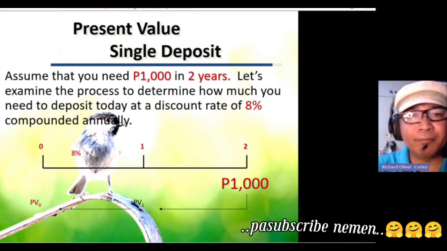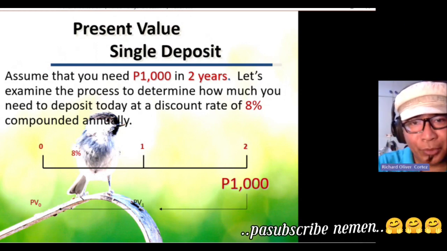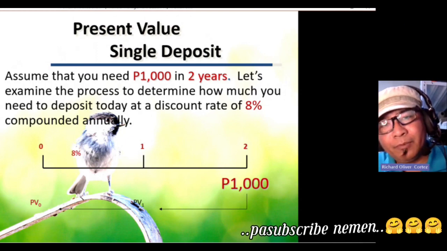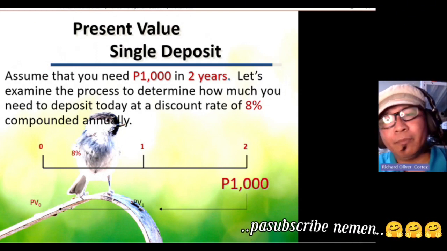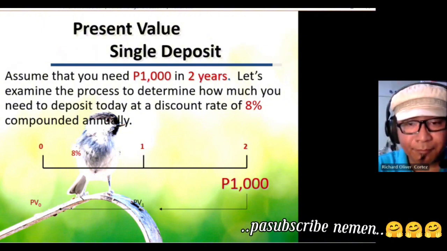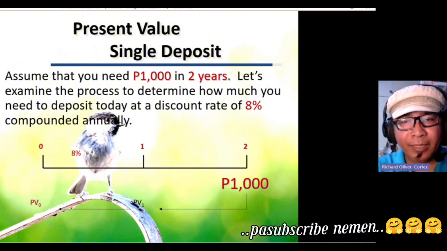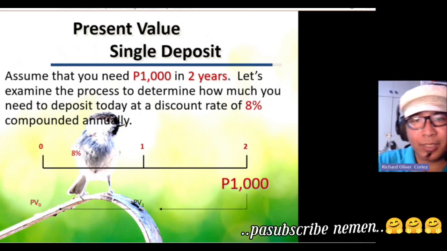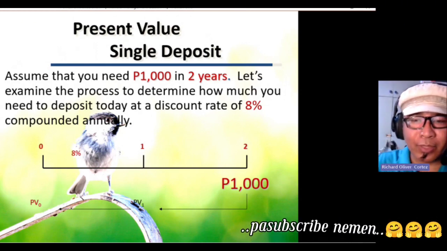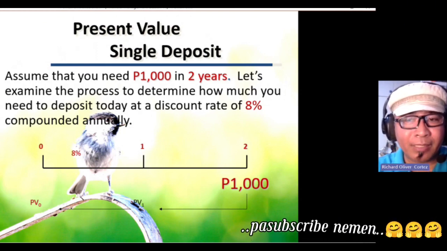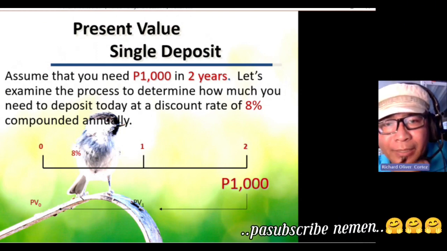Yan hinahanap natin, yung present value ngayon. Okay? So, examine natin the process of determining how much you need to be deposited today. Okay? At 8% compounded annually. Tapos, it will grow to 1,000. Magkano invest mo ngayon? Present value, magkano?